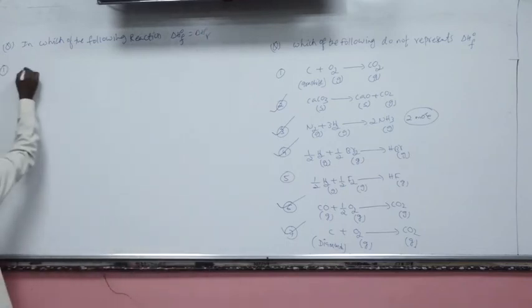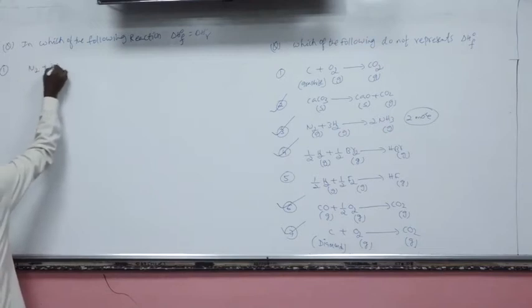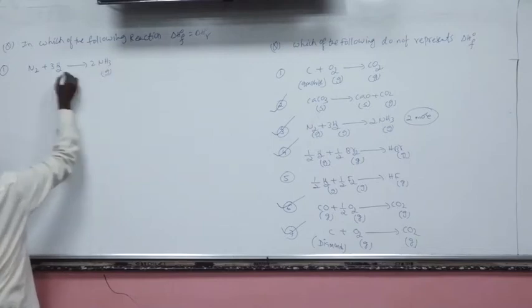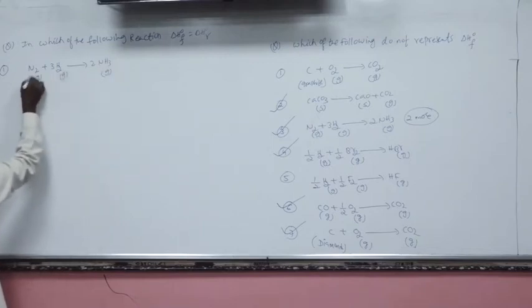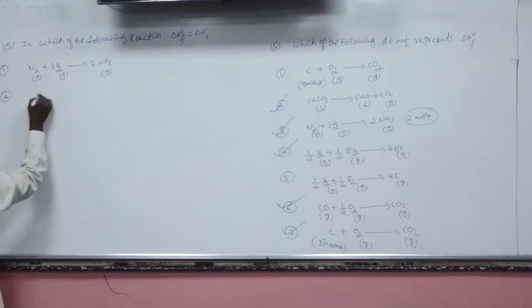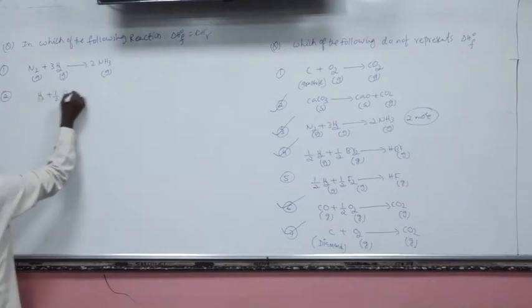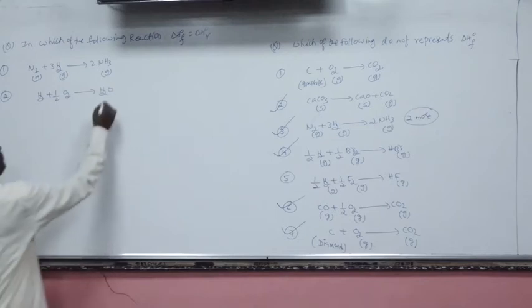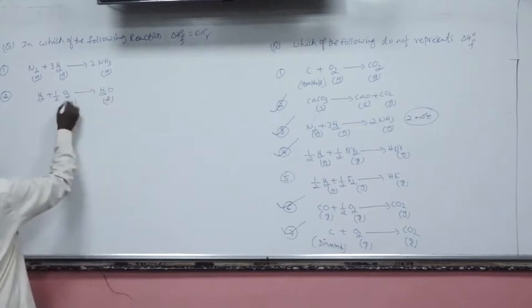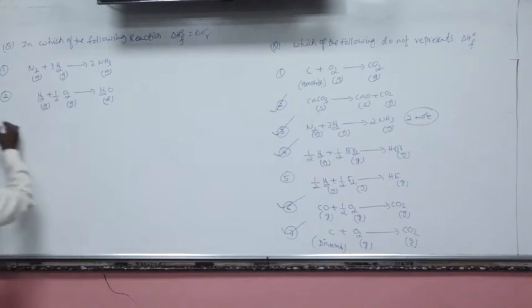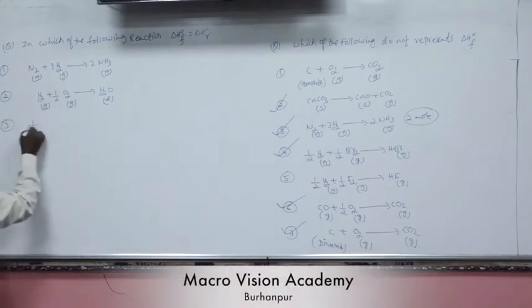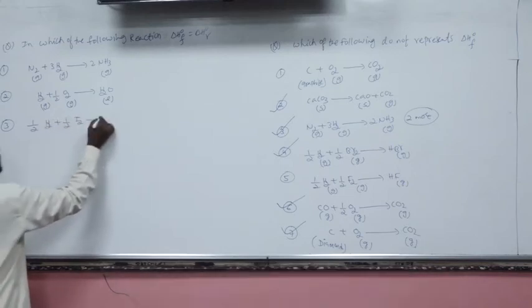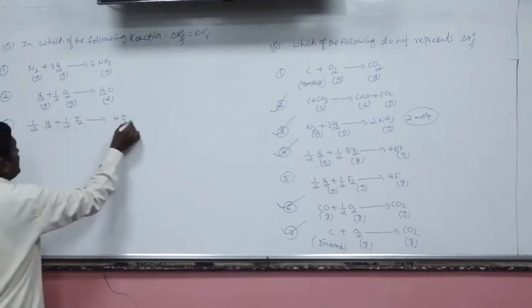Number 1, N2 combined with H2 to give ammonia. H2 combined with O2 to give water. Half H2, half I2 gives HI.